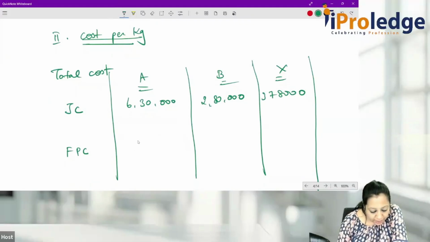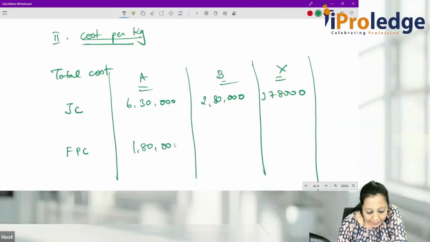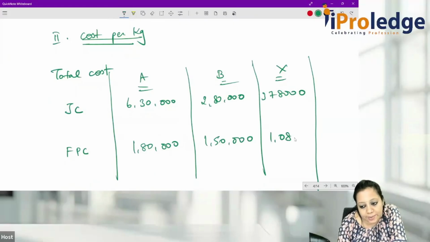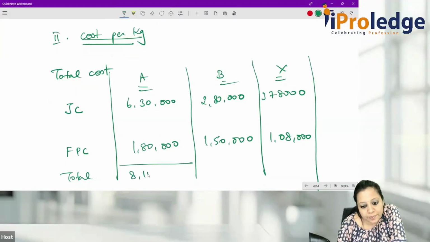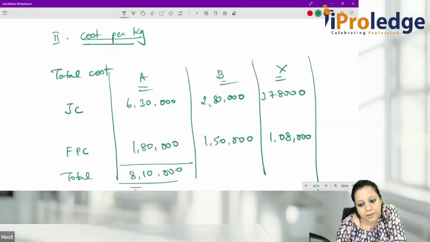And further processing cost given in the question, I'm just taking that: 1 lakh 80,000, 1 lakh 50,000 and 1 lakh 8,000. Now I will do the total. So total is going to be 8 lakh 10,000.